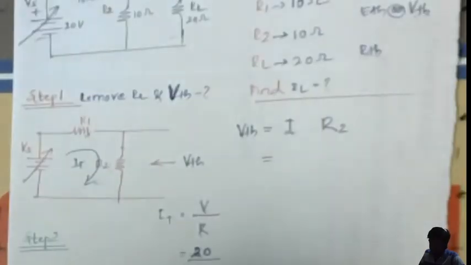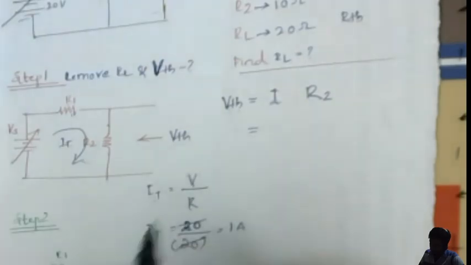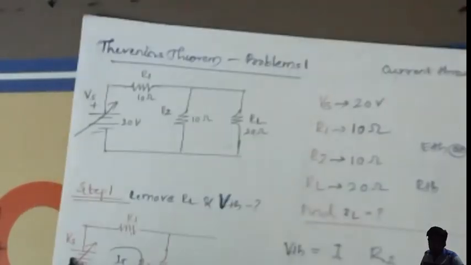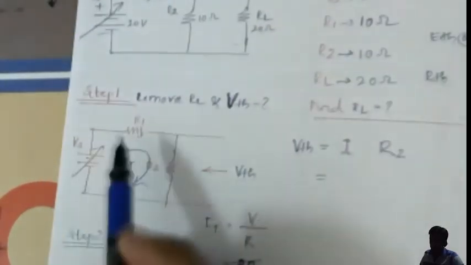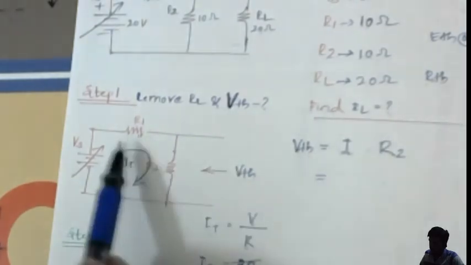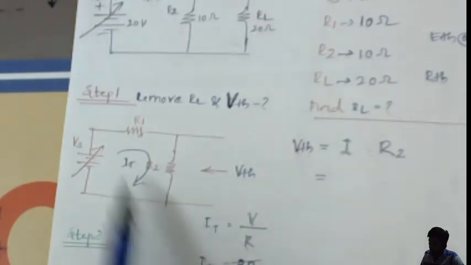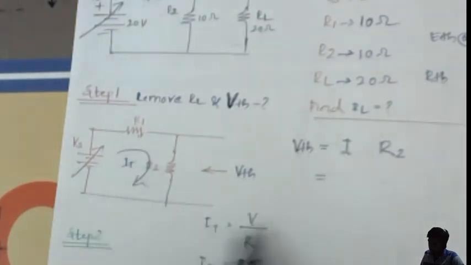Therefore 10 plus 10 is 20 ohm. The total resistance is 20 ohm. The total current is V by R, here it becomes 1 ampere. The total current will be 1 ampere.